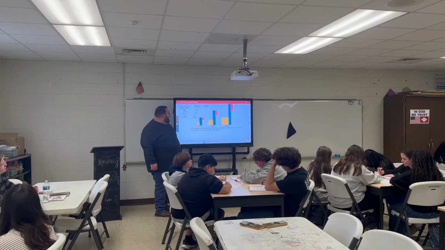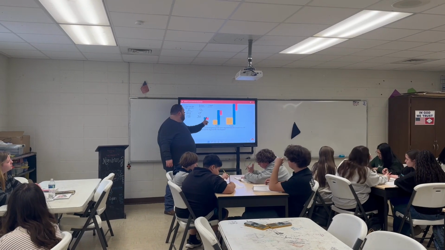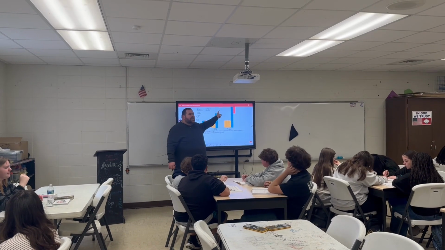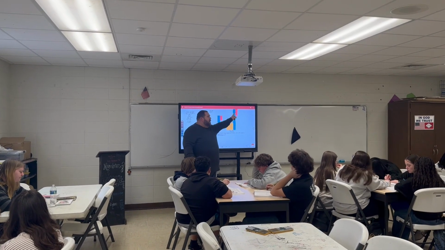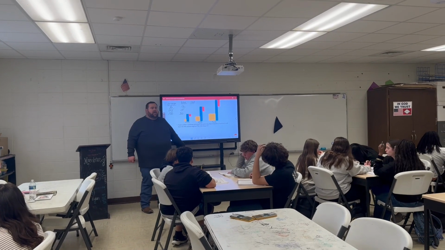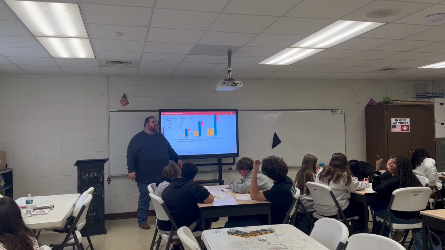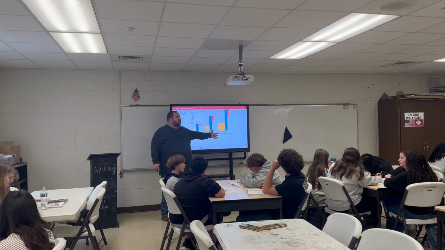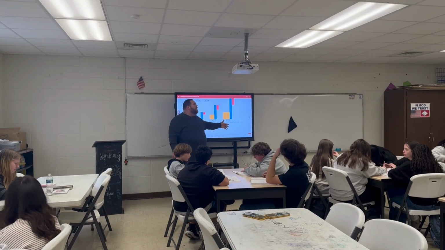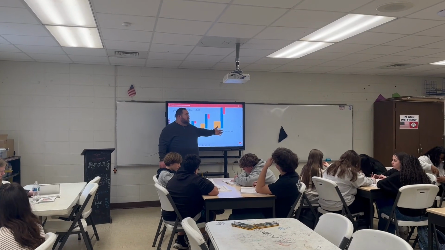Alright? Now red tiles. I've got 1 red tile in the first diagram, 2 red tiles in the second one, 3 in the third. What's my pattern? It adds 1. It is the diagram number, or multiplied by 1. So whatever the diagram number is, that's how many red tiles you'll have.